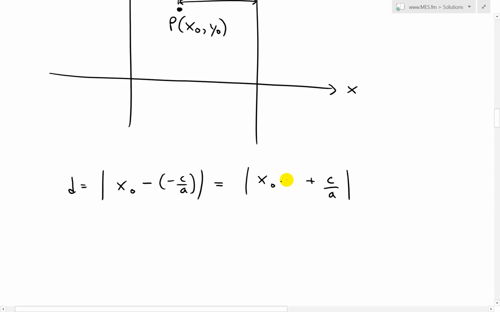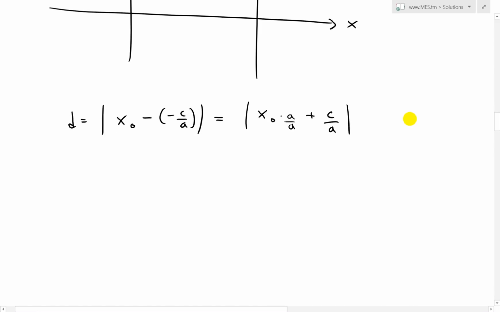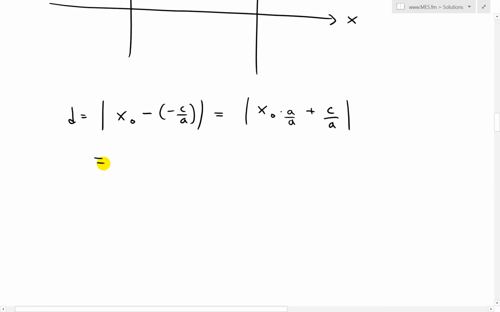Multiplying by a over a to get the common denominator, we write it in terms of a x0 plus c, absolute value, over the absolute value of a.